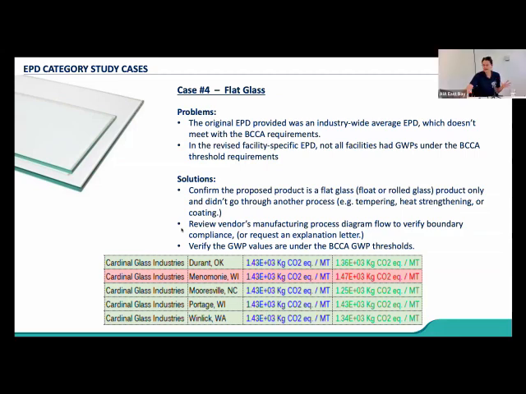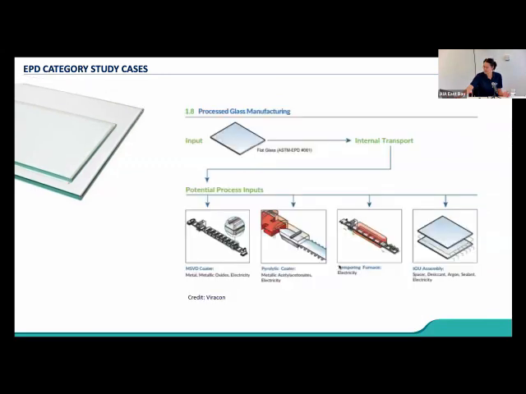And then verifying again that those global warming potential limits are indeed below those thresholds. So ideally, you can have a simple column which says, what is the number that has been provided for that specific facility, and how does it compare to the limit? I'm not going to spell this out too much because I just mentioned it, but again, flat glass is what goes into the processing methods.